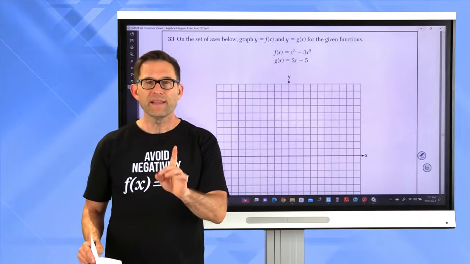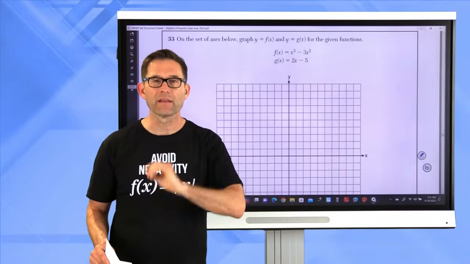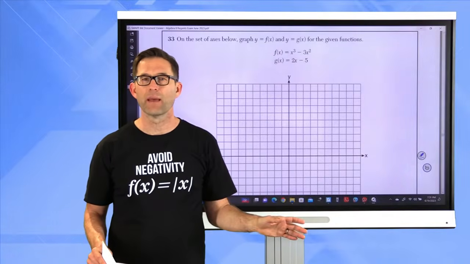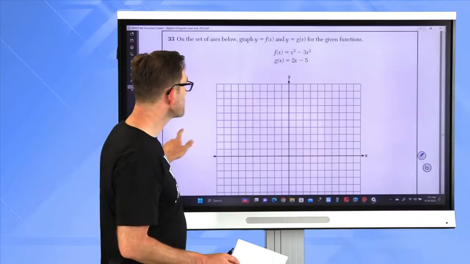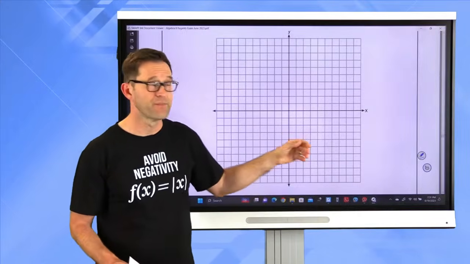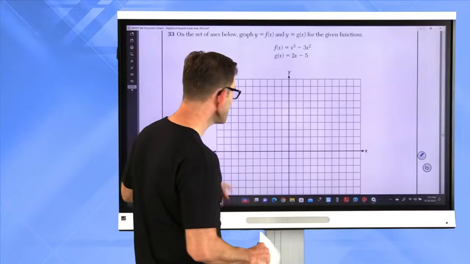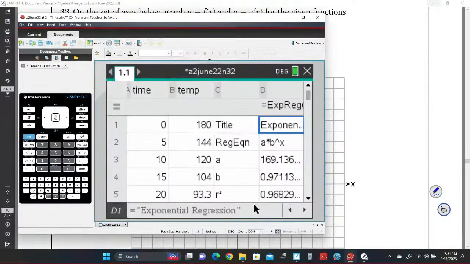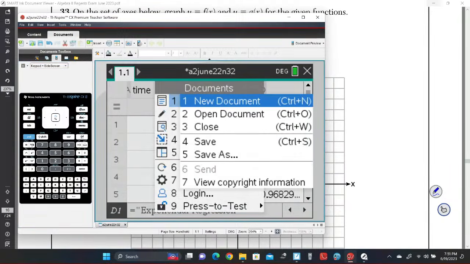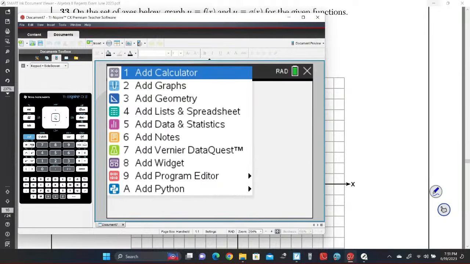But let's make sure we know exactly what the graph should look like before we even generate the table of values. Now, please note, this particular grid is a 10 by 10 grid. So let's go over to our calculator and see what our graph should ultimately look like. I'm going to do a new document, and I want a graph.